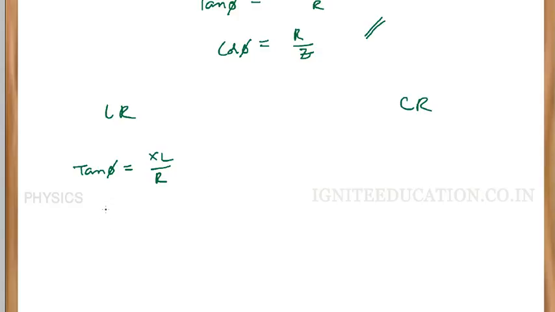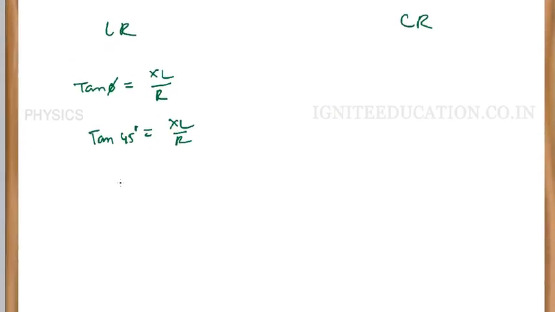What is the phi angle? If you are removing the capacitor, the lagging phase is 45 degrees, as given in the problem. Tan 45 is equal to XL by R. Tan 45 is 1, so XL is equal to R.